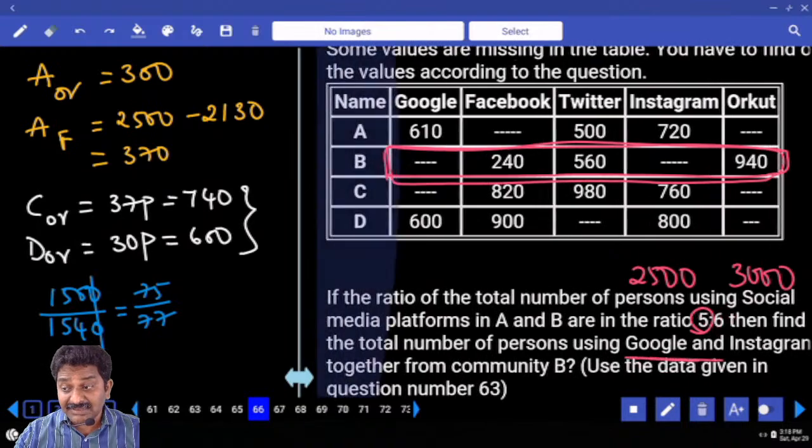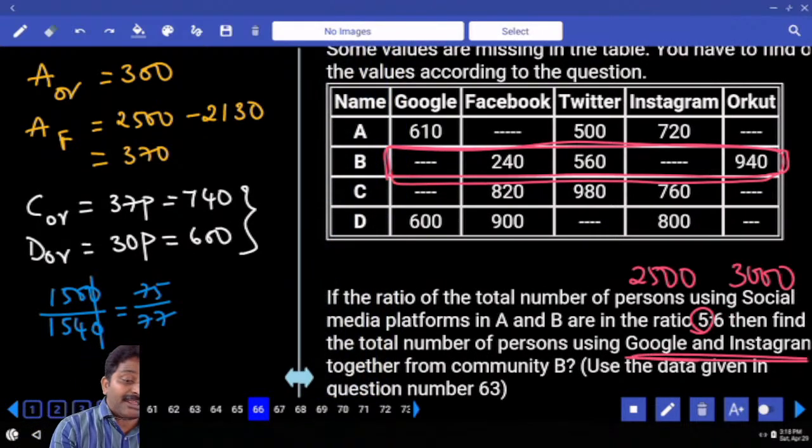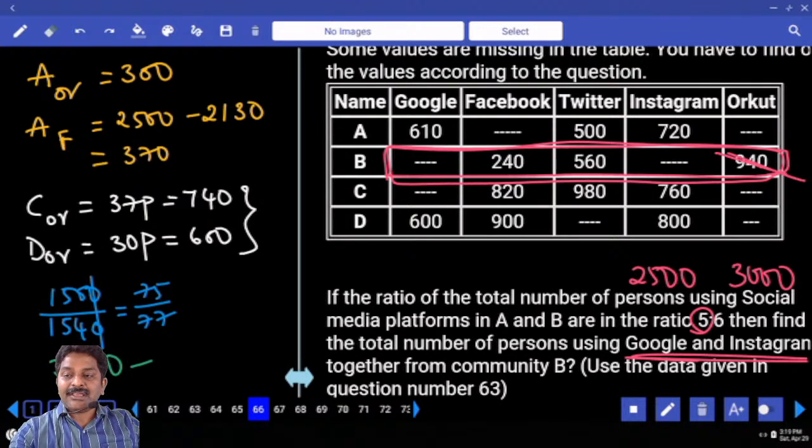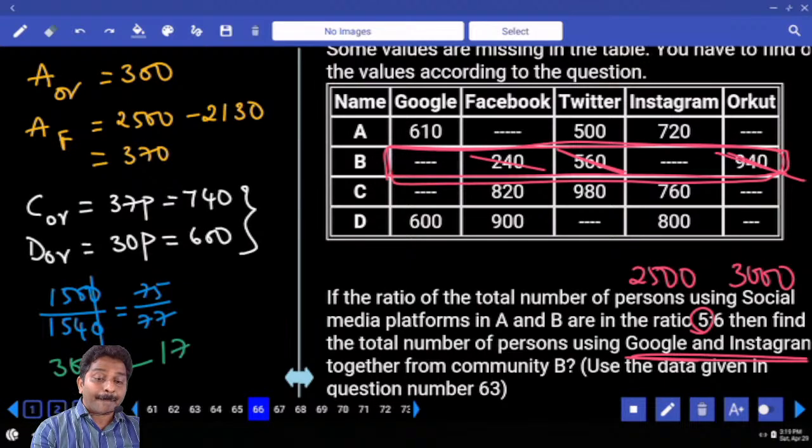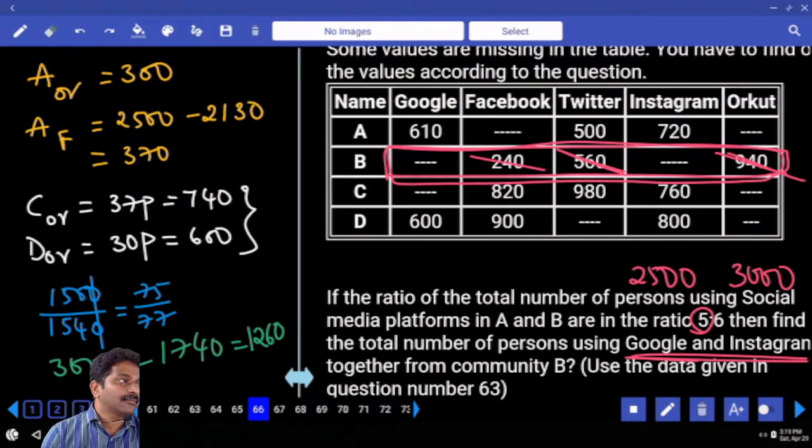And now our question is about Google and Instagram only. That means from the total 3000, if you subtract values which are already mentioned, 940, 560, 1500 plus 240. If you subtract 1740 from total 3000, the balance is your required answer, 1260. If that note is not there, answer is cannot be determined.